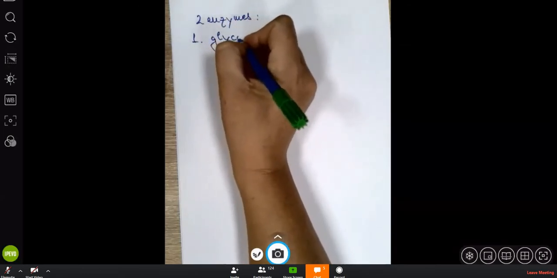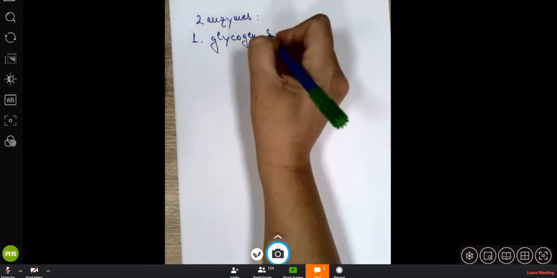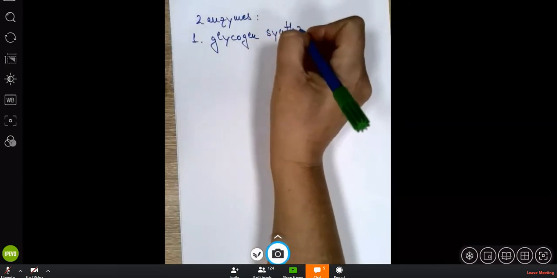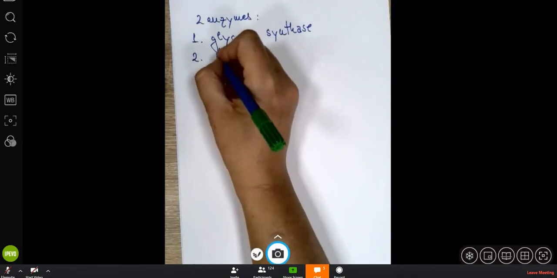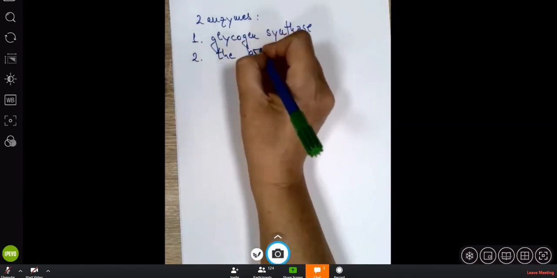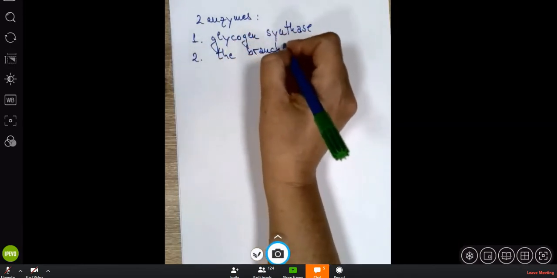One is glycogen synthase and the second one is this time the branching enzyme.